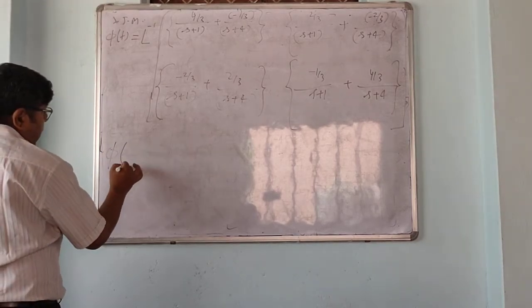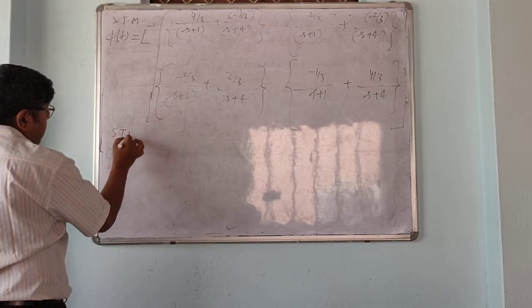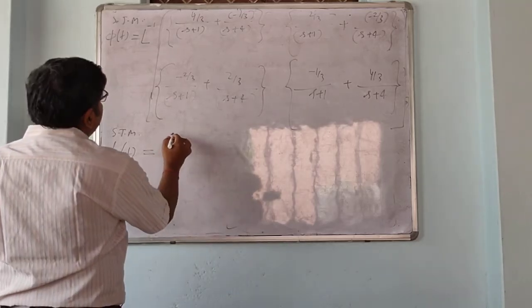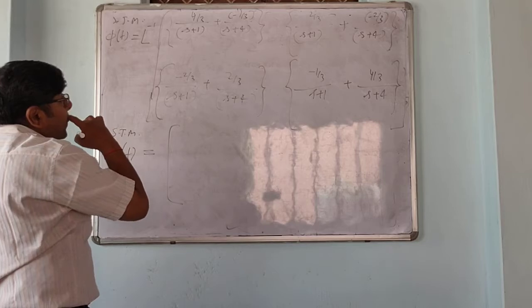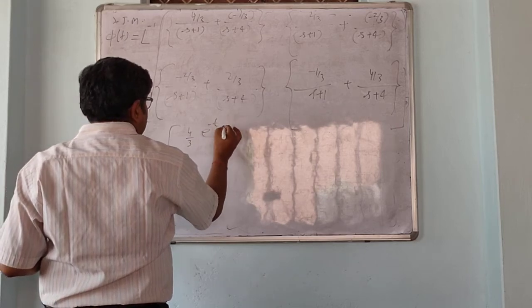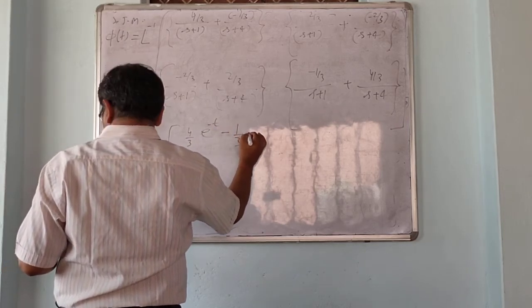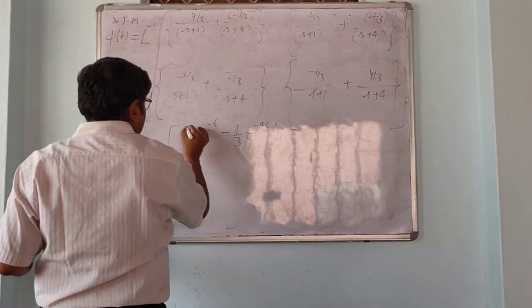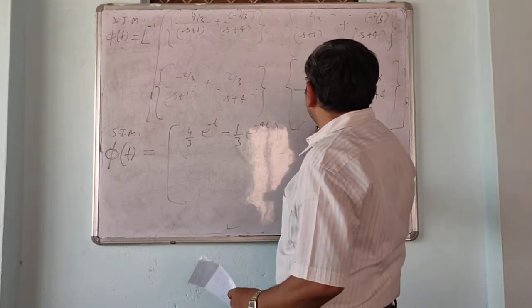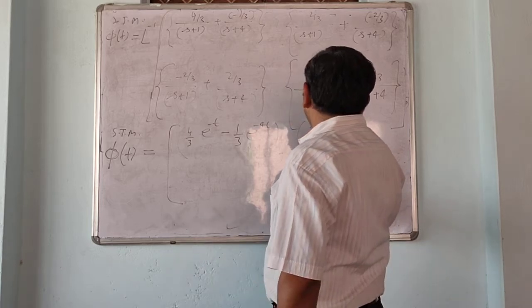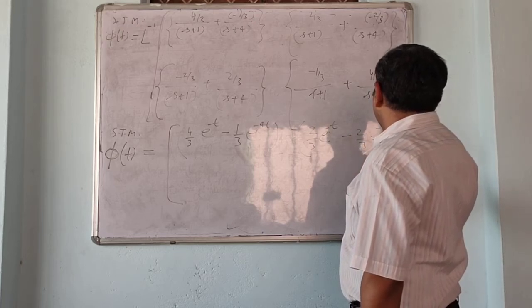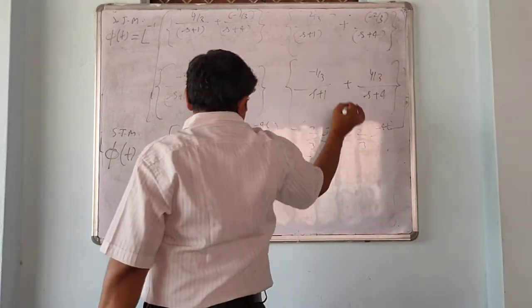So finally the state transition matrix is given by, take the Laplace inverse, we will get 4 by 3 e to the power minus t minus 1 by 3 e to the power minus 4t. This is the Laplace inverse of the first term. Similarly for all other terms: 2 by 3 e to the power minus t, then minus 2 by 3 e to the power minus 4t. This is for the second term.